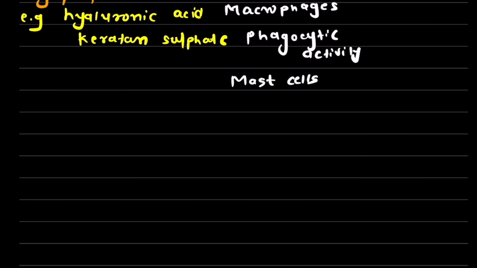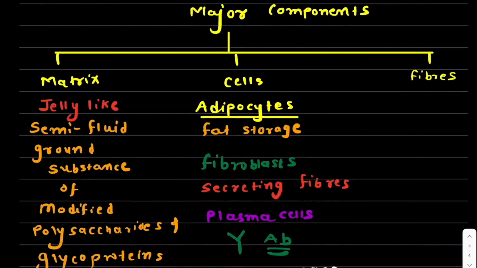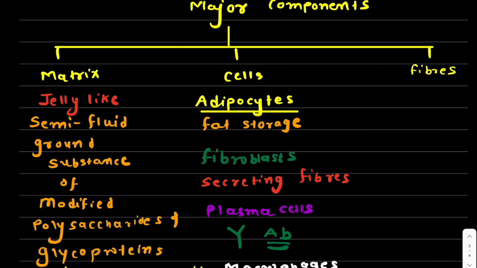It secretes histamine, serotonin, and heparin. Clear? So this is all about the information regarding the cells.